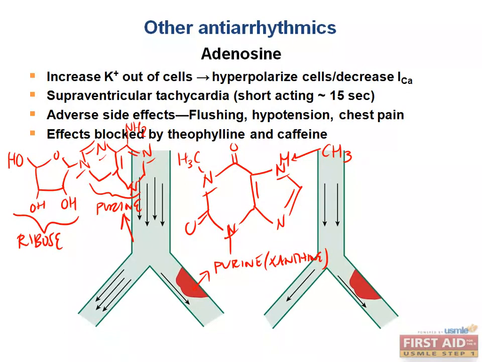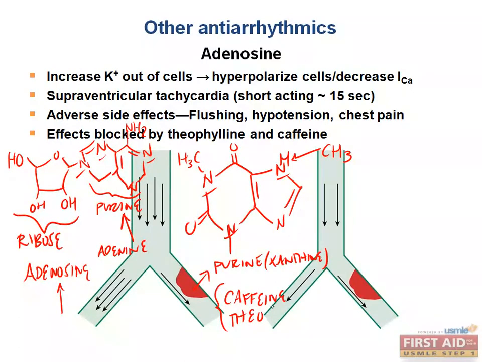And that makes it the foundation for the reason behind using these drugs to reverse some of the effects of adenosine. Remember, adenine is a purine base, and xanthine is a purine base as well. Who knew we would have a little biochemistry review sneak into our lecture here? So the similarity of these groups between the adenosine and caffeine and theophylline makes a lot of sense because adenosine stimulates these receptors while caffeine and theophylline inhibit them.